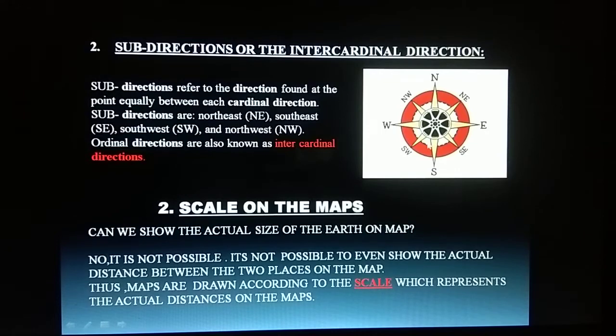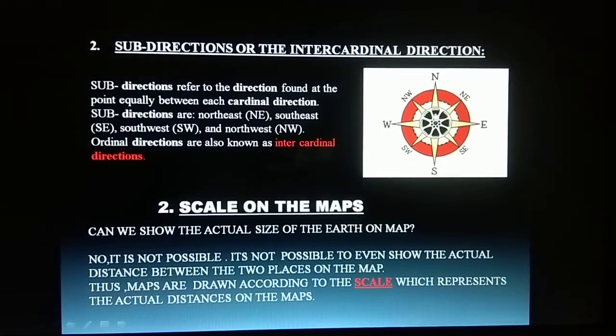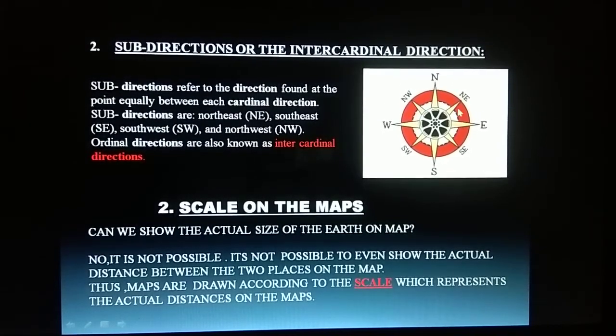Southwest is coming in the center of south and west. And northwest is coming at the center of north and west. So these northwest, northeast, southwest and southeast are termed as intercardinal directions or the subdirections.